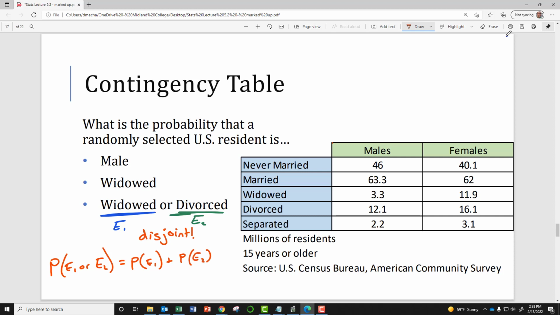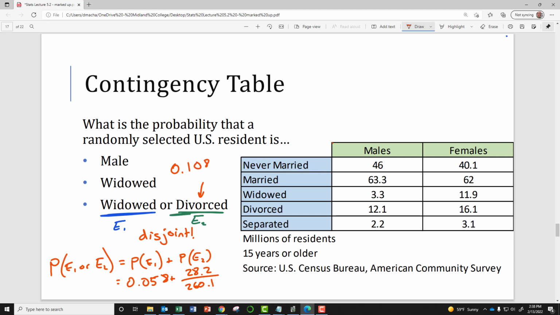And so E1, the probability of being widowed, we just found that was 0.058. And then to get the probability of being divorced, we take 12.1 plus 16.1, looks like 28.2, out of the total, which was 260.1. 28.2 divided by 260.1 tells me that probability of being divorced is 0.108.